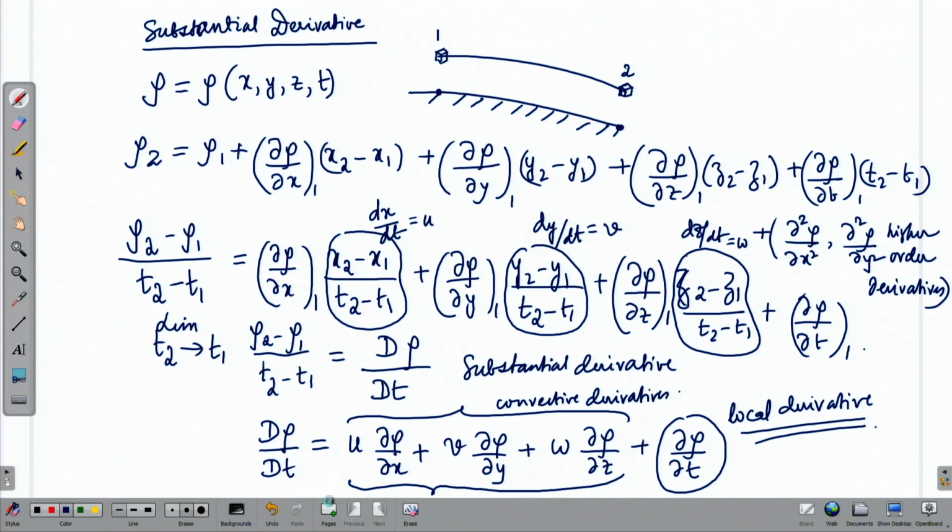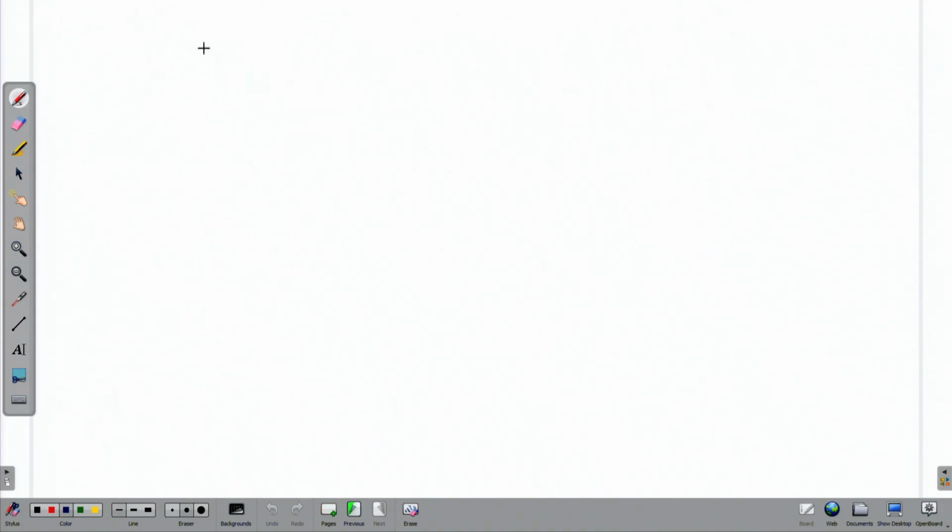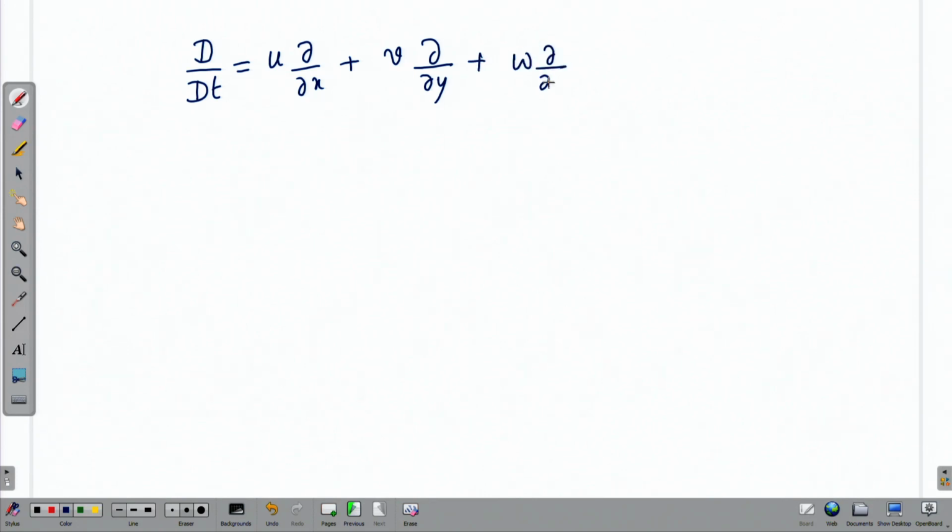So, finally, what do we have? The substantial derivative can be expressed as an operator, and we will introduce the del operator once again over here, because that will give us some convenience.